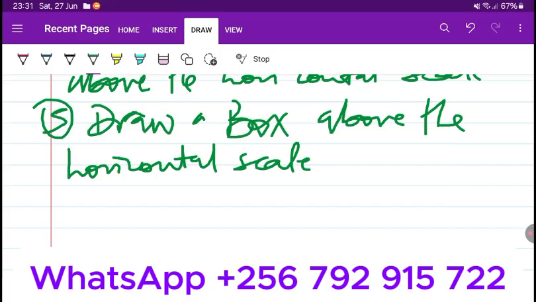It moves from some point and ends at some point.